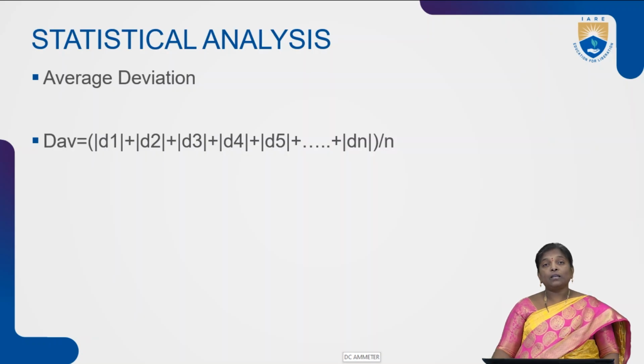Why we consider modulus means, if you are obtaining the deviation value, that may be positive or negative. If you consider both positive reading as well as negative reading in terms of modulus, the obtained result will be an accurate result. So, while taking average deviation, we need to consider modulus.